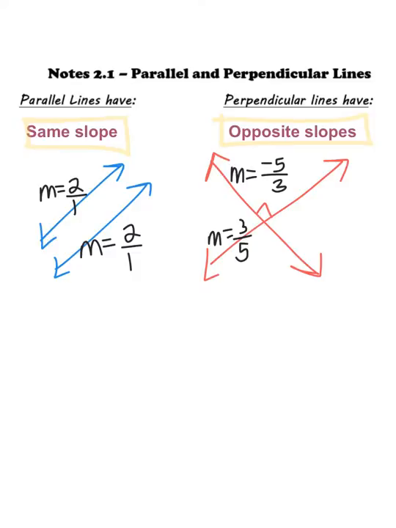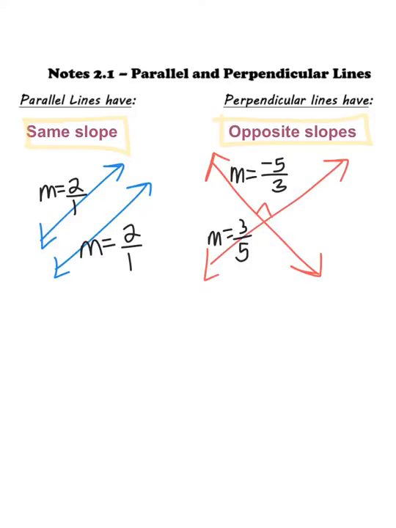So take a look, when we use the word opposite, that means one's positive and one's negative, but it also means opposite because the fraction is flipped. Notice 3/5 changed to 5/3. So complete opposites, sign-wise, positive, negative, and the numerator and denominator of the fraction.